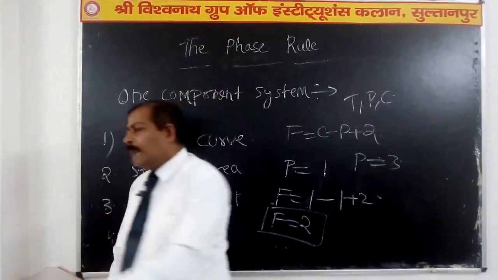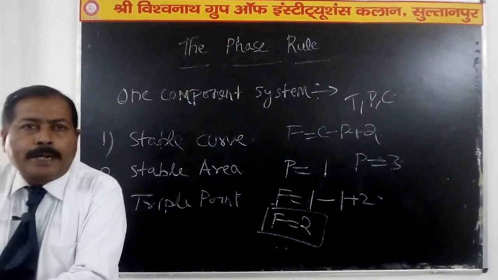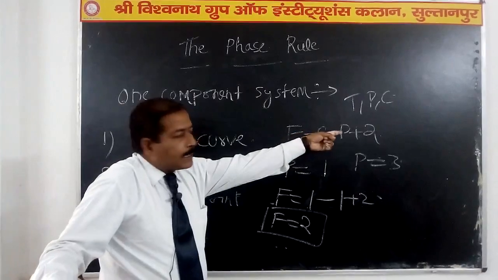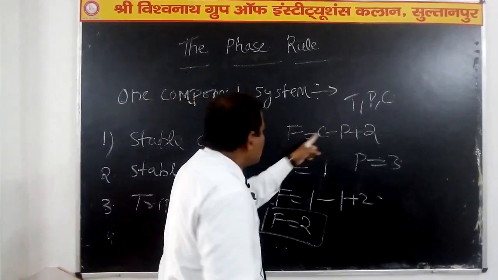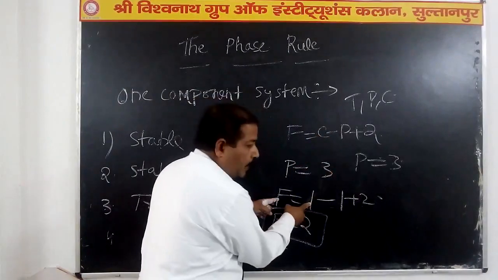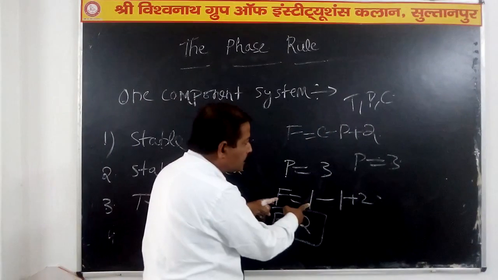And again, with the help of the Gibbs phase rule equation, we can calculate the degree of freedom, F. F equal to C minus P plus 2. When we substitute the values, C is 1 because it is an example of a one component system.